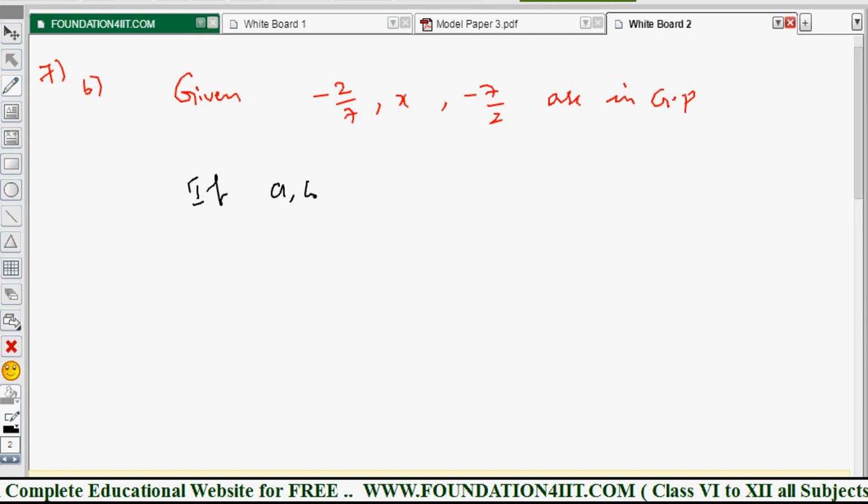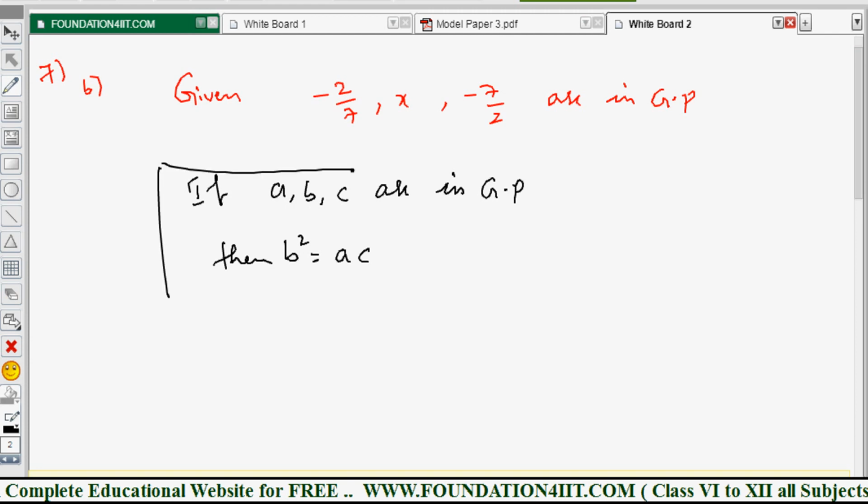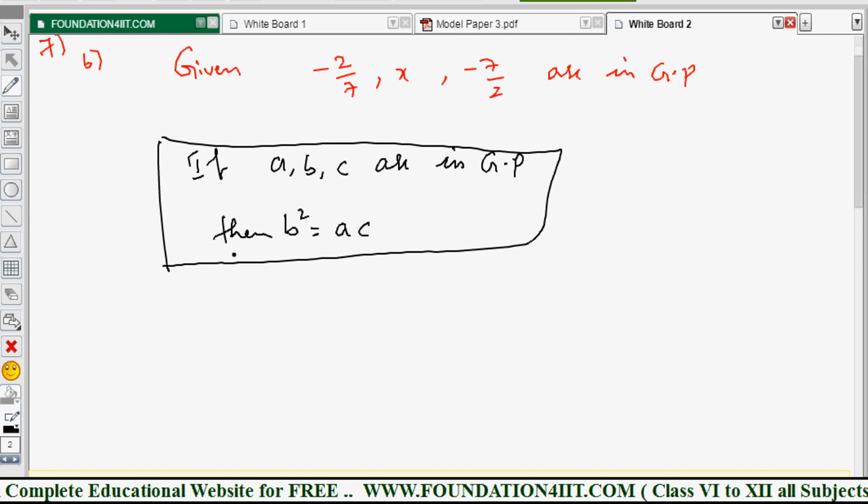And if you see the formula for this, if A, B, C are in GP, then B square is equals to AC we can write. So the middle number, B square is equal to AC. So this is the property you apply for this problem. Now according to this problem, x square, because the middle term is x, x square is equals to minus 2 by 7 into minus 7 by 2.